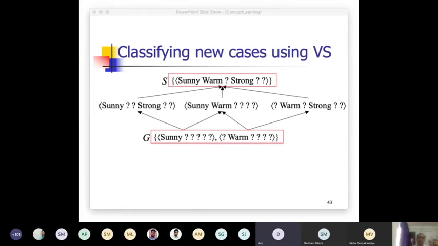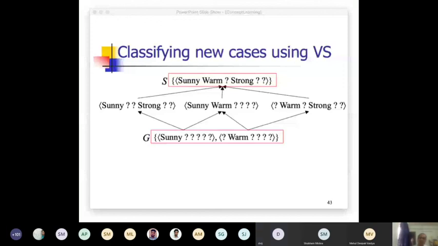Sir, if it so happens that a positive example doesn't satisfy any of the conditions in the G set, is it a contradictory example, or can that be possible? Actually, it's difficult to understand what you are saying. You are saying the example is positive and it is not satisfied by any of the conditions of G, which means all were negative examples.